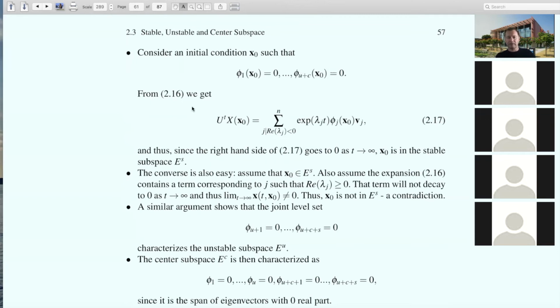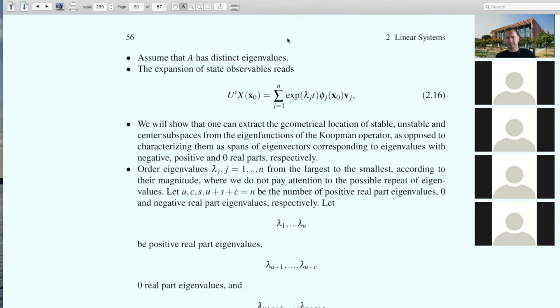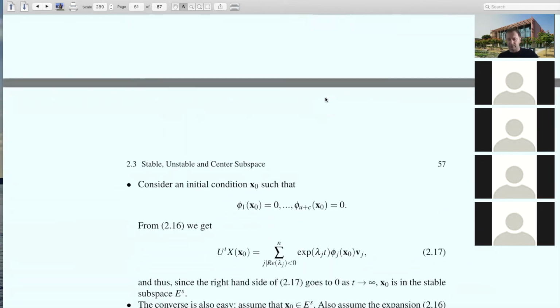And so from the spectral expansion, since many of these eigenfunctions are zero, in particular, all the unstable and the center ones are zero, we can sum only over the eigenfunctions in this expansion that are in fact such that their associated eigenvalue has real part less than zero.